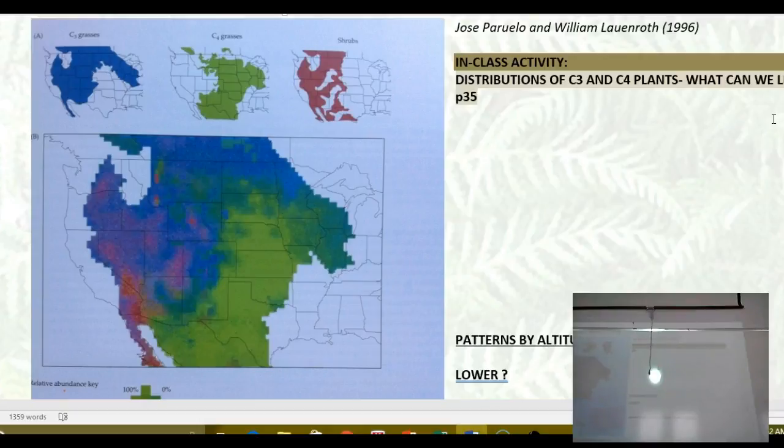So if you find a particular area, let's just put our finger on something here. Say we find 50% C4 grasses and 50% C3 grasses and shrubs, somewhere in that color code here.